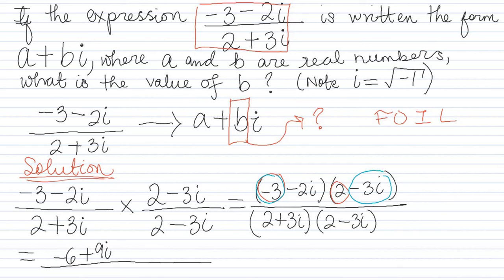That is -2i times 2, so that is -4i. And then the last is the last term in each one of the brackets. So that's -2i and -3i. When you multiply them together, you get positive 6i squared.